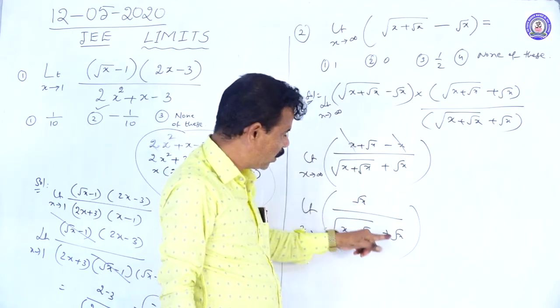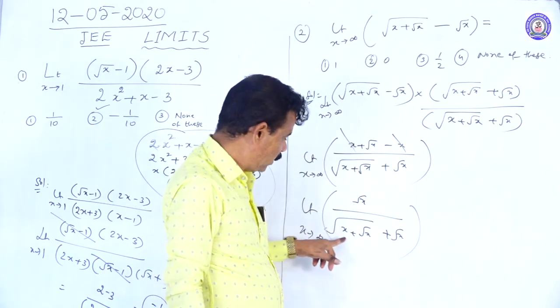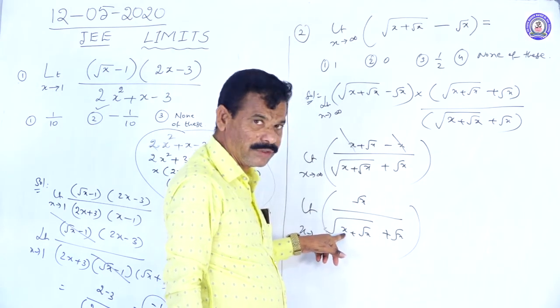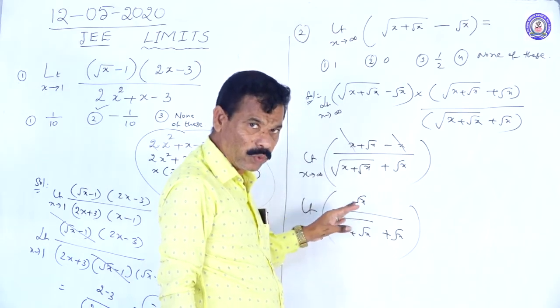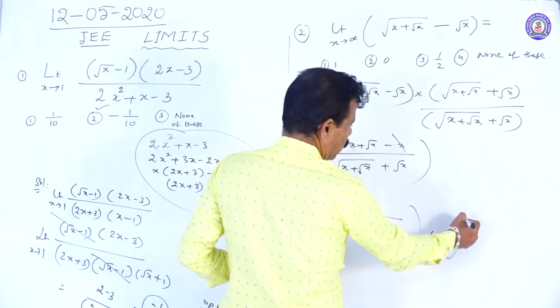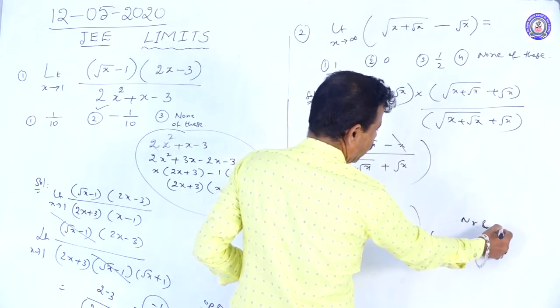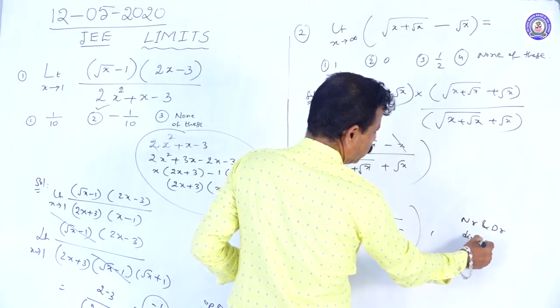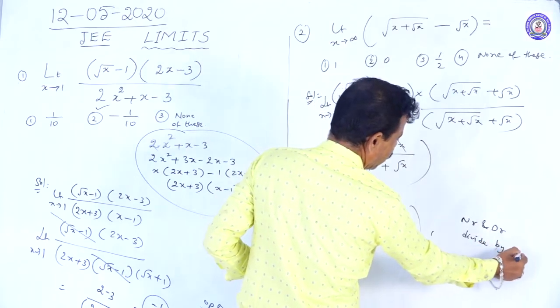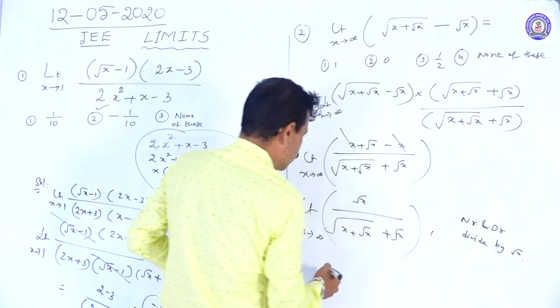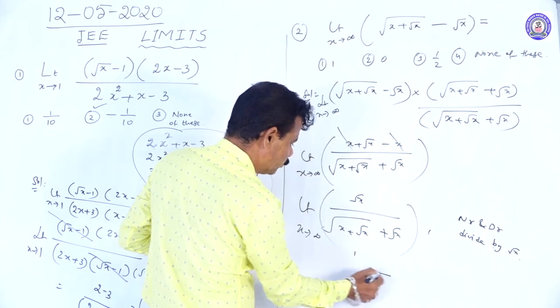Here root x, here root x, in this also root x is there. So both the numerator and denominator we divide by root x. So root x by root x is 1.